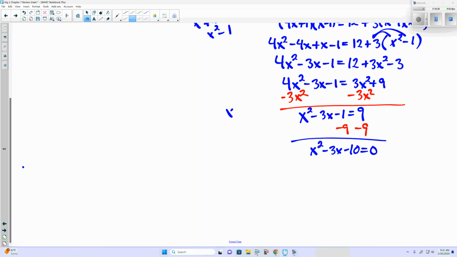Because when we graph it, we're looking for what values of x make the y value be 0. We're only caring about what values of x makes the y be 0 when we graph. Negative 2 and 5. So these here are our solutions. We only put the line through it for our restrictions.